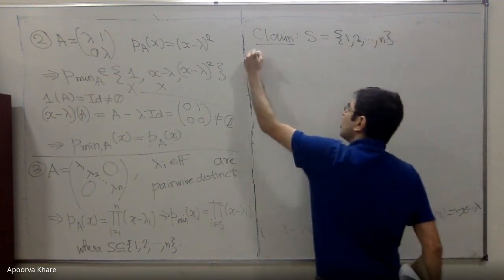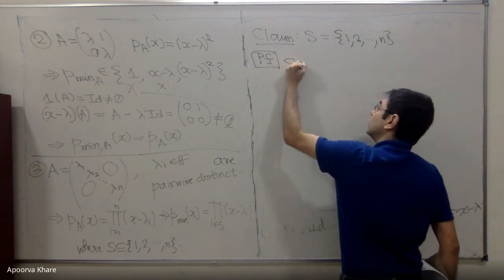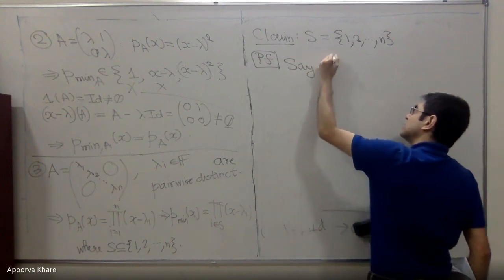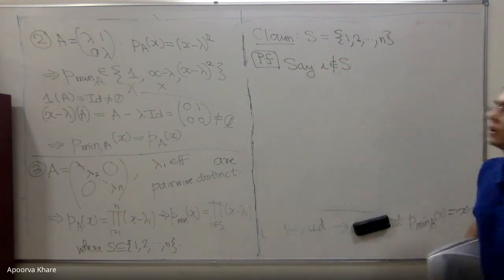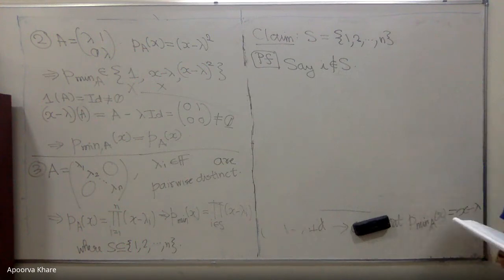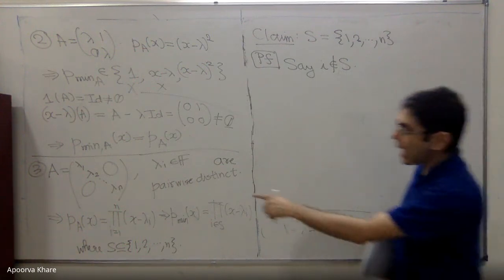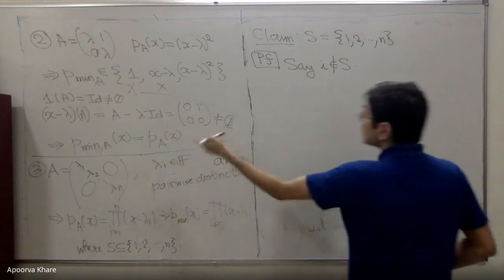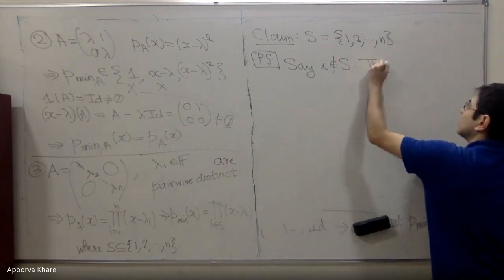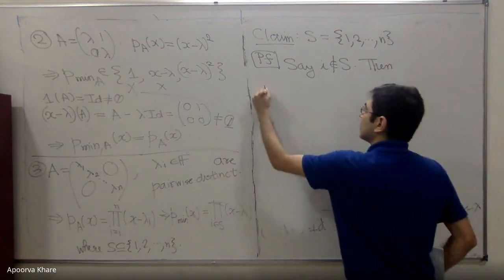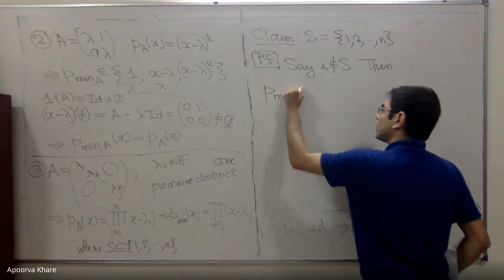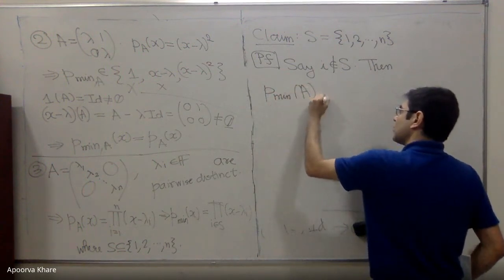This is the proof. If not, then there is some element which is missing. Suppose i is an element from 1 through n which is missing. Now look at the i, i entry of this matrix, of P min of A, the i, i entry.